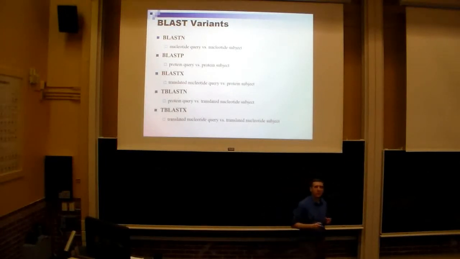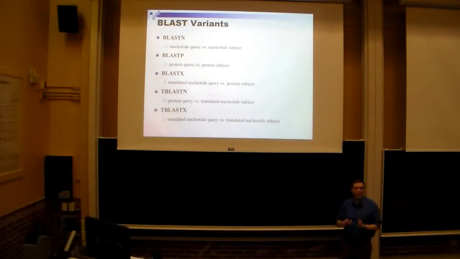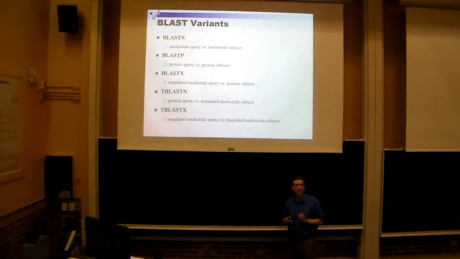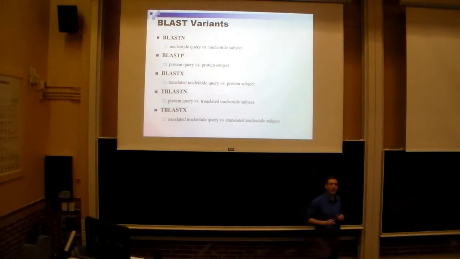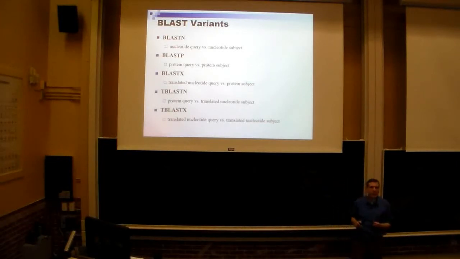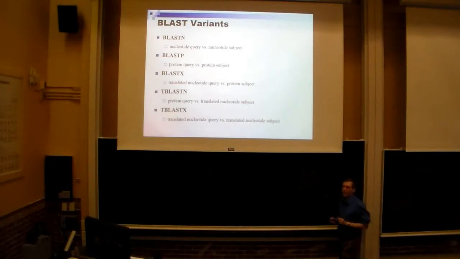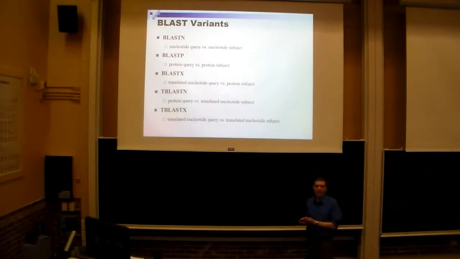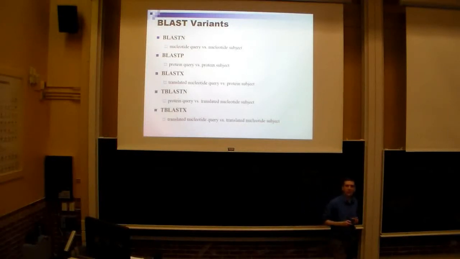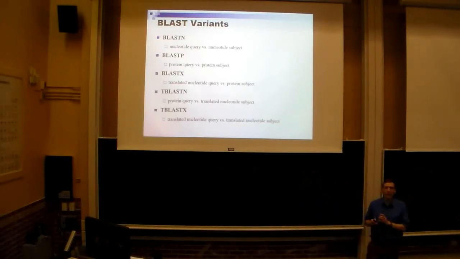So one reading frame would be to say that we will assume nucleotides 1, 2, and 3 are a codon, 4, 5, and 6, and so forth. That's one reading frame. You can also assume 2, 3, and 4 are a codon, 5, 6, and 7, and so forth. And you can assume 3, 4, and 5, 6, 7, and 8, and so forth are codons. So that gives you 3 ways of translating it into amino acids, and then you can search all of those against your amino acid database. I said there were 6 reading frames, though. What are the other 3?